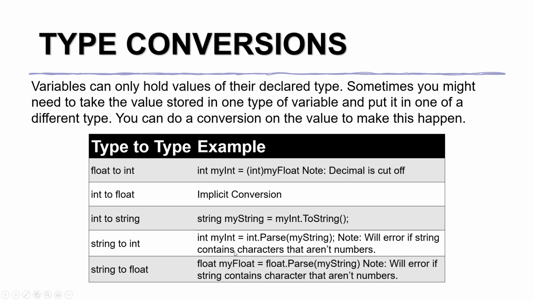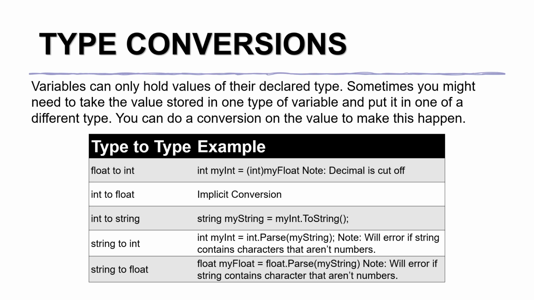String to int is one that you have to be careful about, since a number can always be a string because strings are just like the symbols and everything. But strings can sometimes have symbols in them that are not numbers. They could be letters, they can be exclamation points and so on. So if you do try to do this on a string that is not made out of numbers, you will get an error.